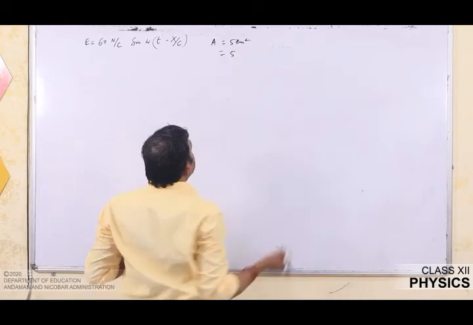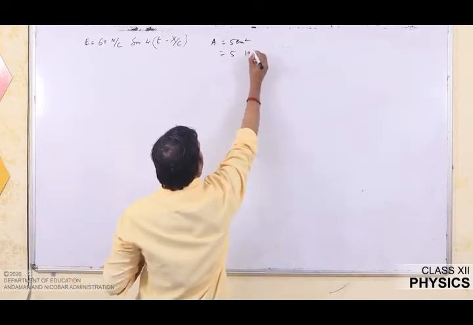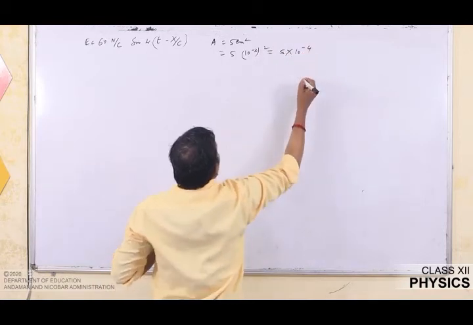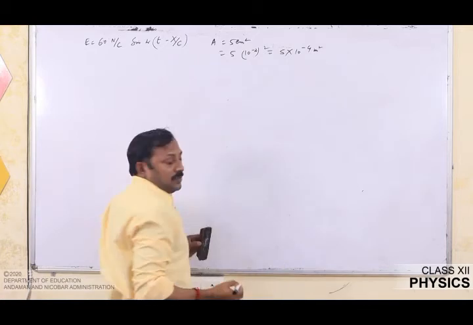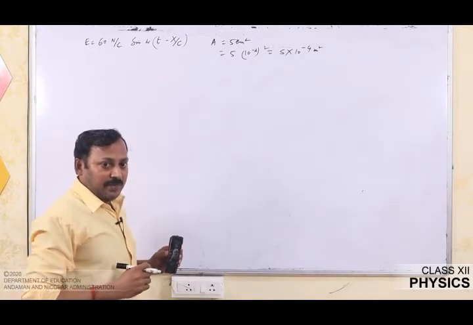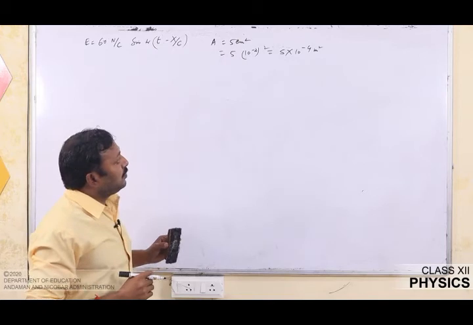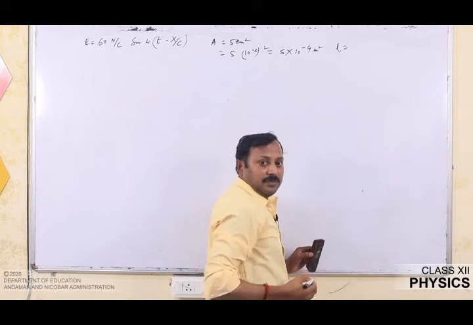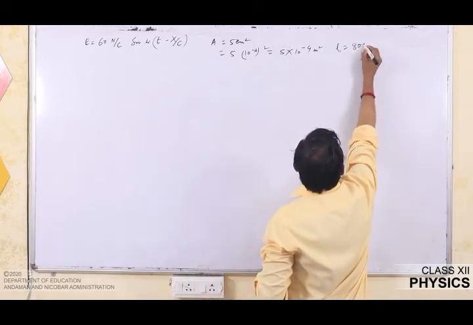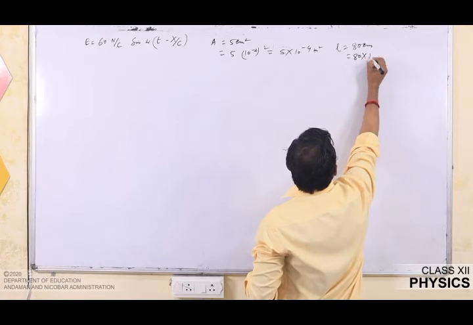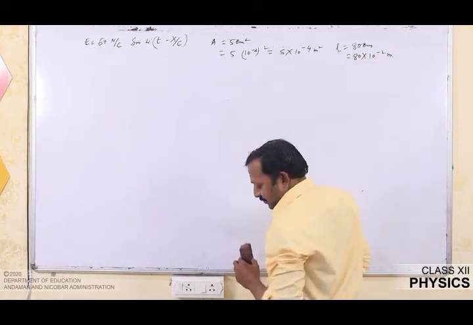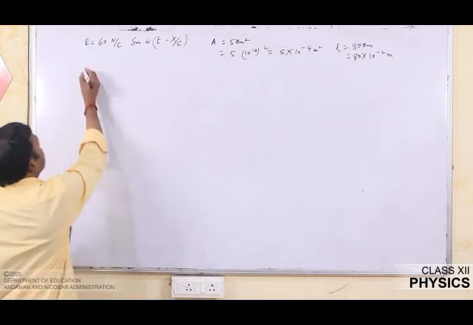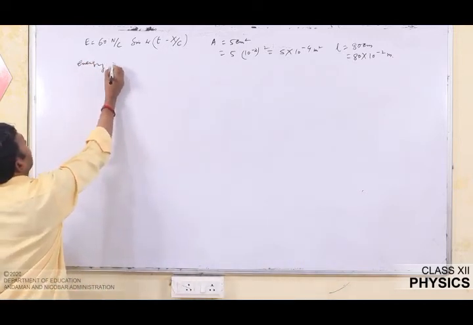We know that 1 centimeter is equal to 10 to the power minus 2 meter, so this can be written as 5 into 10 to the power minus 2 whole square, which gives 5 into 10 to the power minus 4 meter square. So, the area of the cylinder, given as 5 centimeter square, after conversion comes out to be 5 into 10 to the power minus 4 meter square. Next, the length of the cylinder L is given. L is equal to 80 centimeter, which is equal to 80 multiplied by 10 to the power minus 2 meter. We are asked to find out the first part, energy E is equal to question mark.